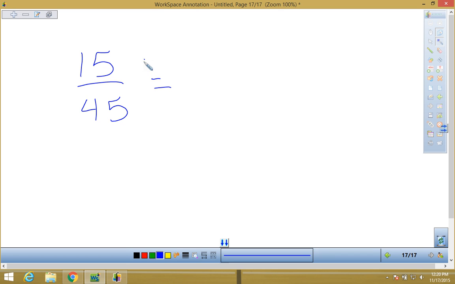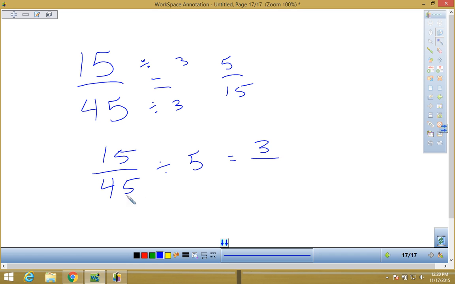So if I divide both of these by 3, then I'm going to get 5 over 15, right? Yeah. Oh, I've got some people shaking their head. They're like, no. Oh, so the original one here? Oh, okay, you've got to divide by 5. All right, so now I'm going to divide both of these by 5, and I'm going to get 3 over 9. Well, this has got to be it, right?